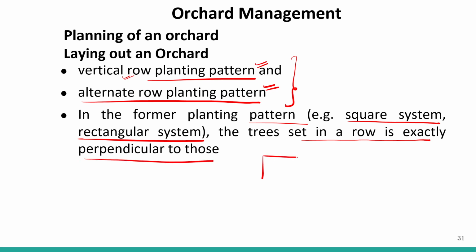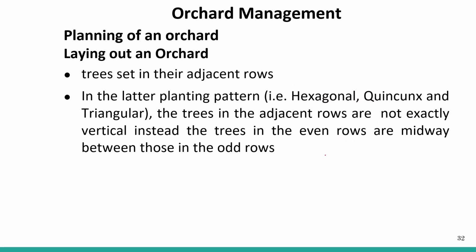So whether it is a square system or a rectangular system, the trees are planted in a row like this, and in this also. So we can have some trees in this way, so they are perpendicular to each other. This is the vertical row planting pattern.